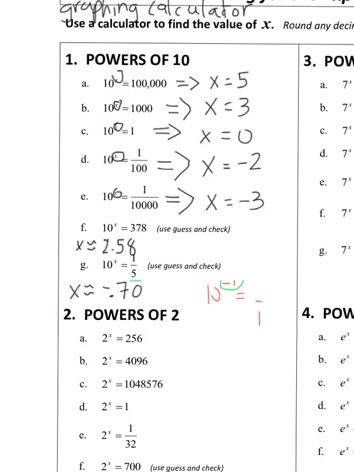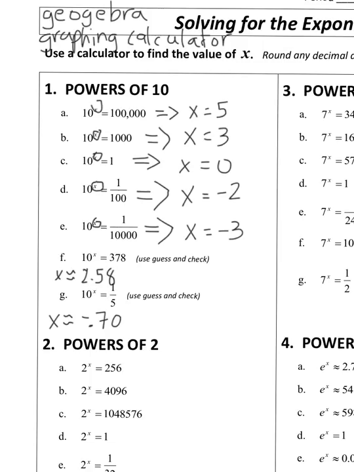So -0.70 is a reasonable answer for x. Go ahead and try numbers 2, 3, and 4 for your assignment.